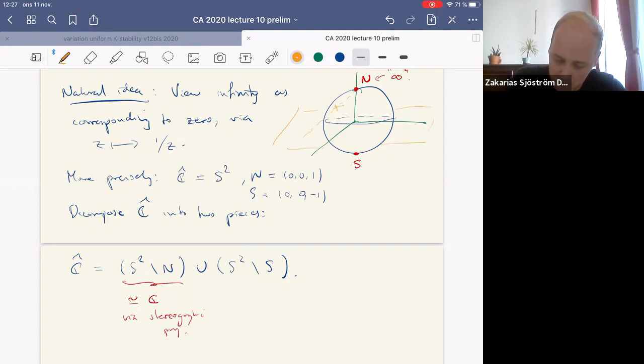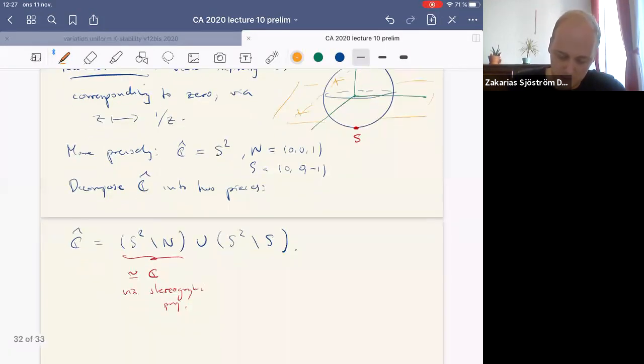And you identified this point here with this point here. But the North Pole didn't have a natural point in C it corresponded to. It would correspond to infinity. But you had this bijection here, check the biholomorphism, between this first part and C.